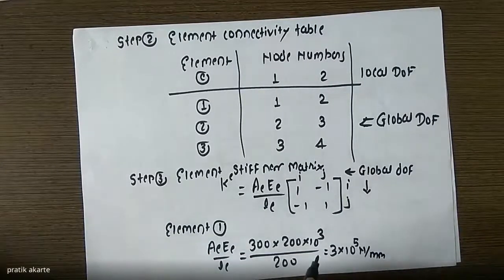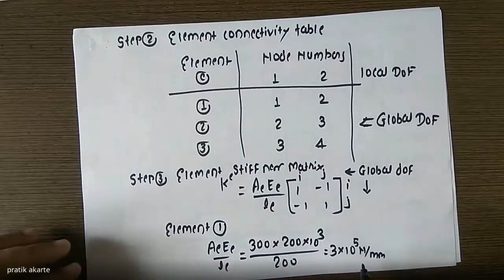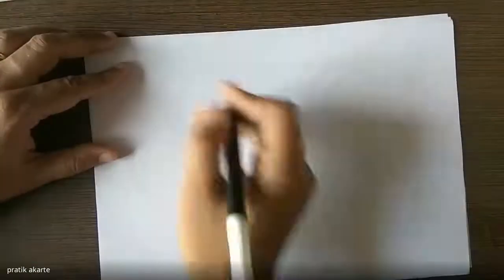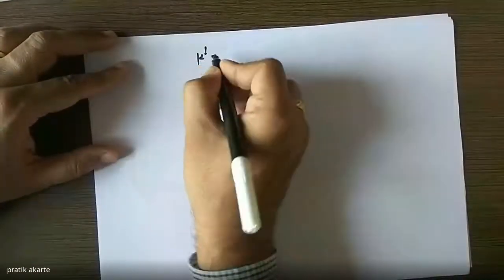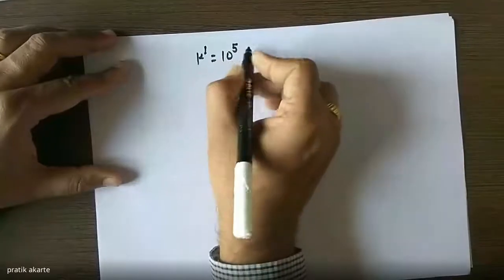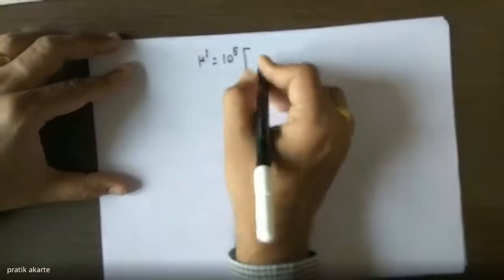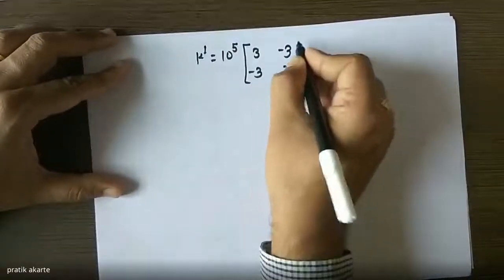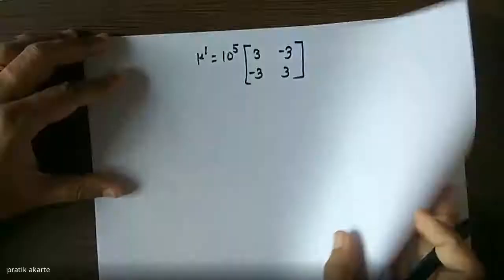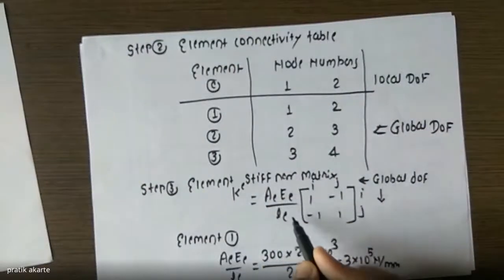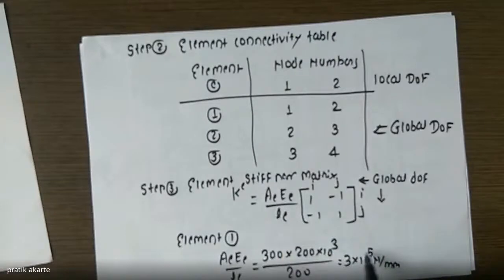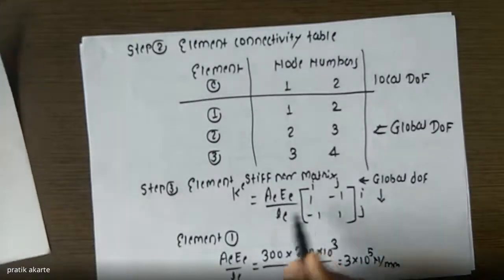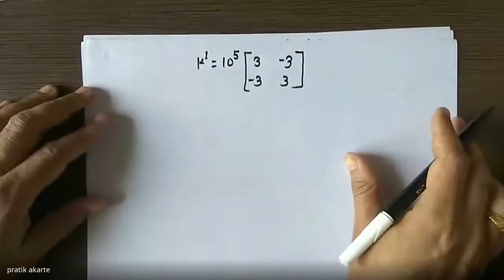So we take this 10 raised to 5 as a common term and we write the element stiffness matrix K1 as 10 raised to 5 times 3, minus 3, minus 3 and 3. What we have done is put in these values which are given to us. We took this 10 raised to 5 common and multiplied 3 into this matrix. We got this K1 for element number 1.